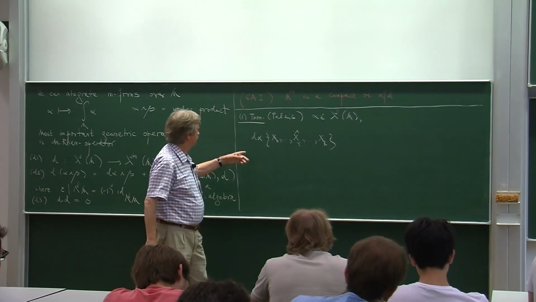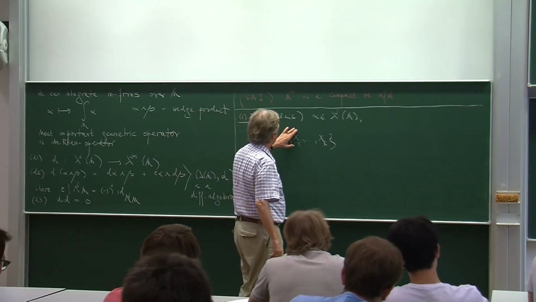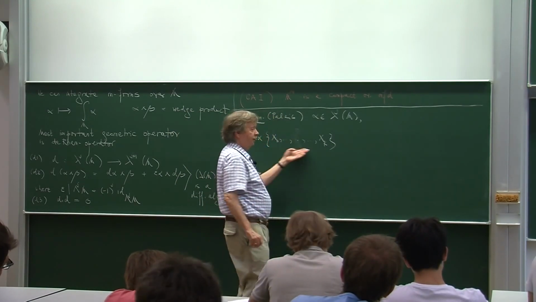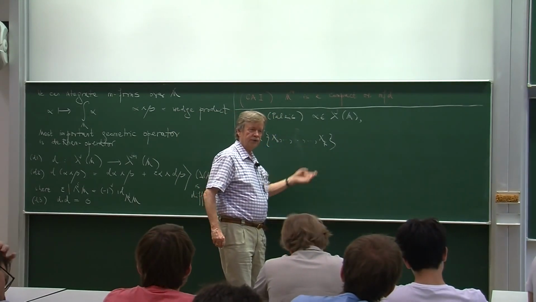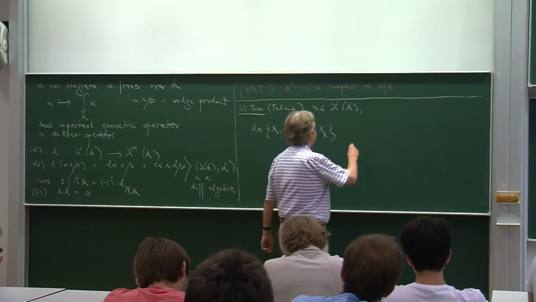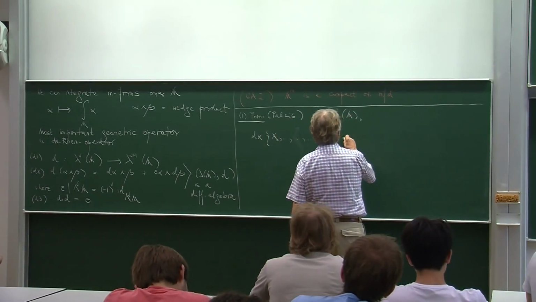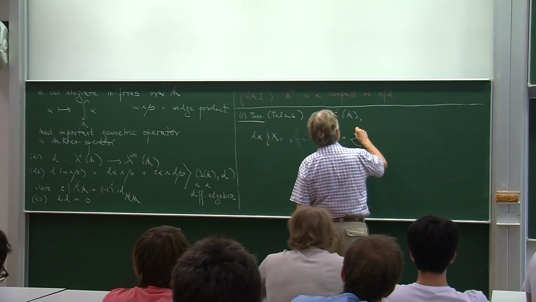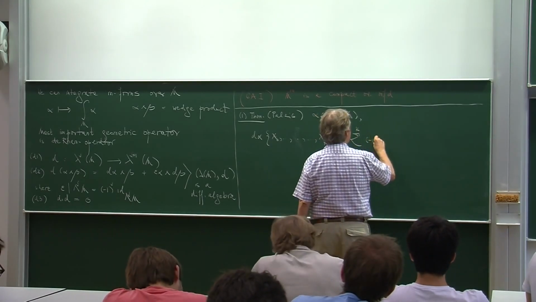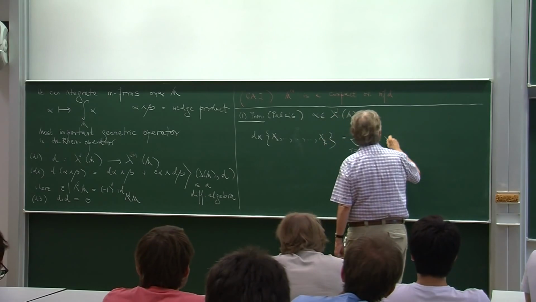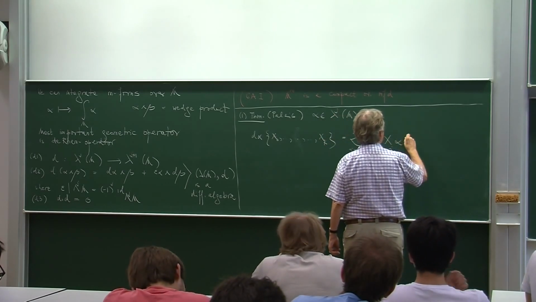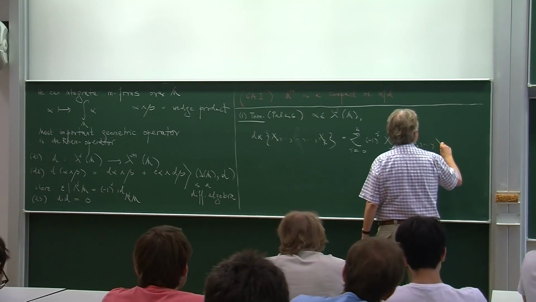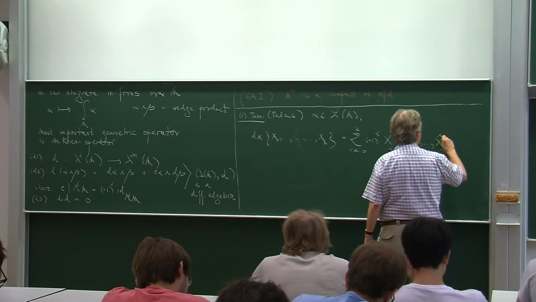Now, so I take, sorry, this is too early. So I have k plus 1 vector fields, which I should have. And then the formula is the following. The sum for i from 0 to k, minus 1 to the i, X_i applied to the form, leaving out the ith field.